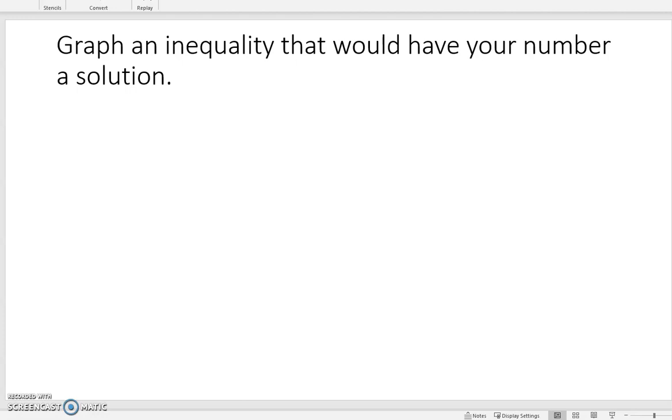On slide 12, I want you to come up with an inequality that has my number as a solution. To be a solution, that means that if I were to plug this number into my inequality for the variable, it is true. So I have x, let's say I want it to be greater than, so my number is 6, so I want to put anything that will make this true.